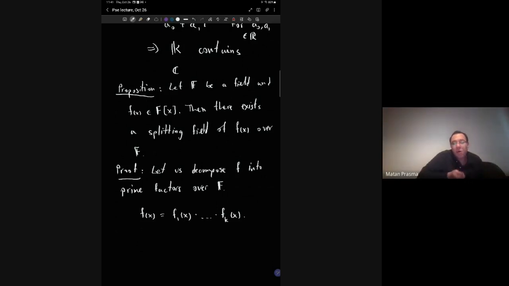Now, if all of these factors are linear, if f1 up to fk are all linear, then the original field is a splitting field.